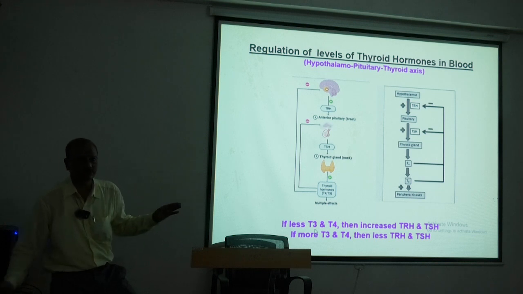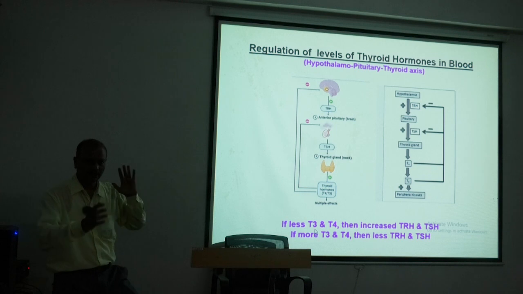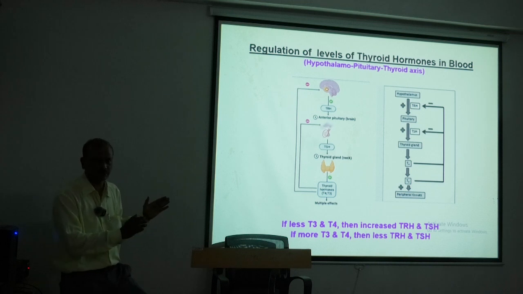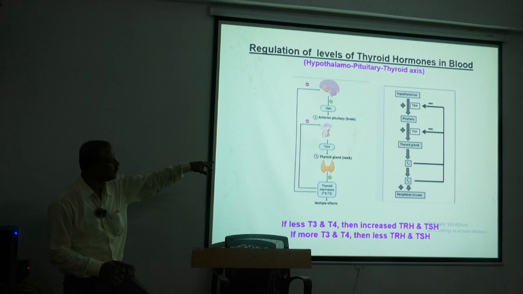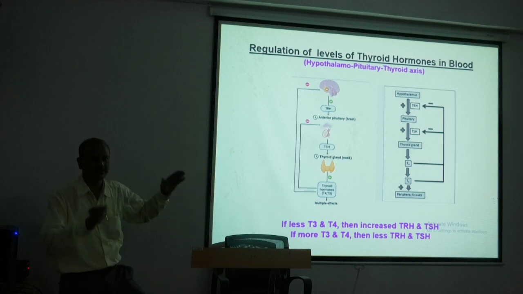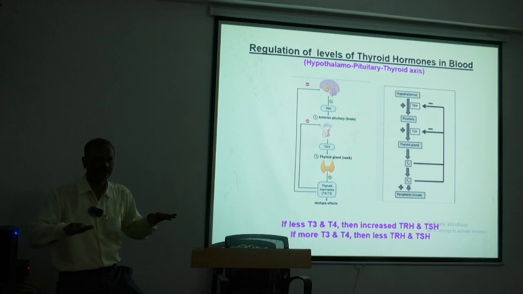But this is the normal mechanism, and that will fail in disease conditions. Everything has a capacity, so also the thyroid. There will be a lower limit to its capacity to respond to TSH. Suppose a disease process has occurred by which the thyroid gland is progressively getting destroyed and T3, T4 is progressively decreasing.